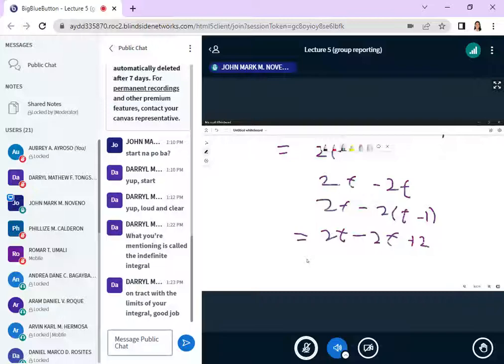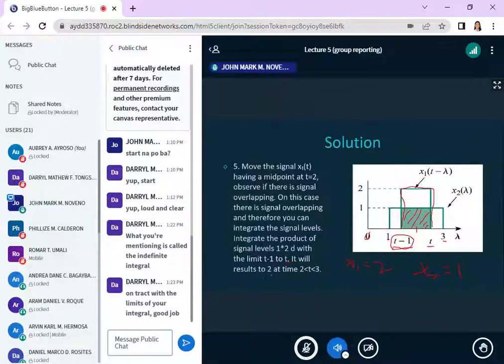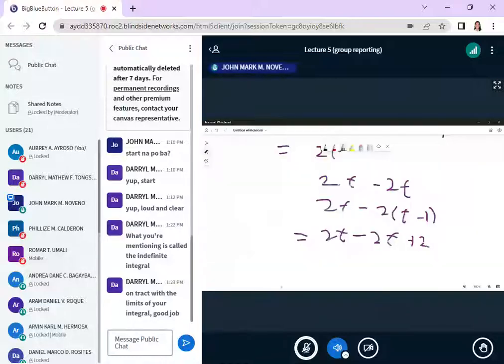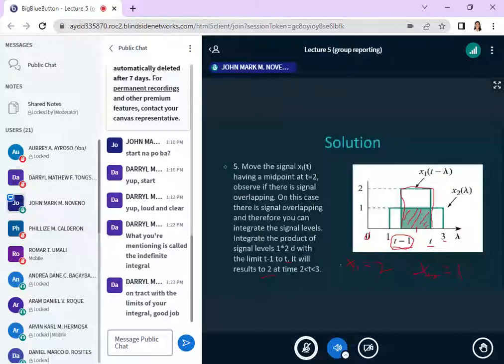Pag sinimplify natin yan, makukuha na naman natin na resultant ay 2. Kasi magka-cancel na naman yan. Positive 2. At babalikan na naman natin yung ating piecewise function. So ngayon, i-insert naman natin 2 when time is greater than 2 but less than 3.